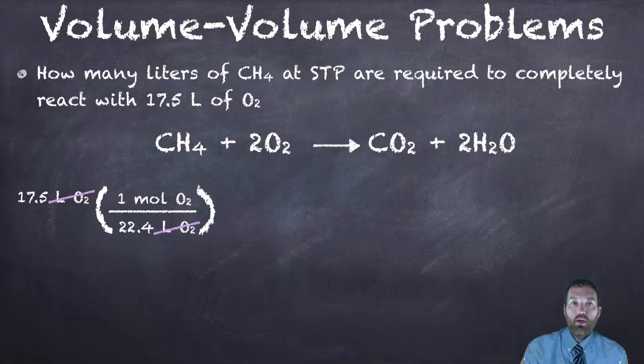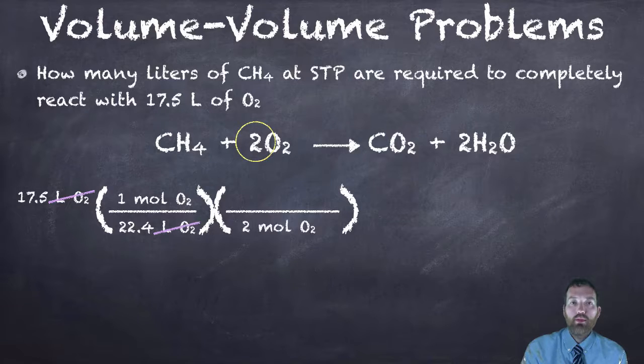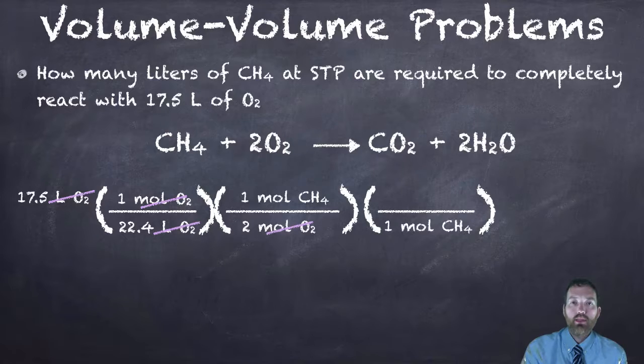Steps 3 and 4, our middle bracket here, we're going to use the mole-mole ratios to get away from moles of oxygen. We're going to cross that off, so we'll put that on the bottom. We want to turn it into moles of CH4. So there's no number there, but it's really a 1. So now moles of O2 will cross off with moles of O2, and we're now into moles of CH4. I don't want moles of CH4, I want liters of CH4. So my last step is to convert from moles of CH4 to liters.